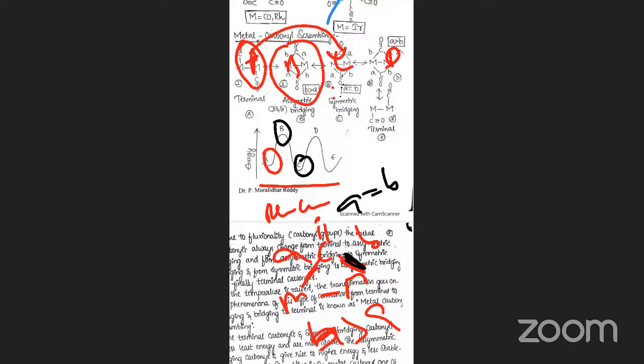Again, it converts to the unsymmetrical bridge, which is also highly unstable, and then again converts to the terminal. This is one of the sequences: terminal with low energy, unsymmetrical, symmetrical, unsymmetrical, terminal.